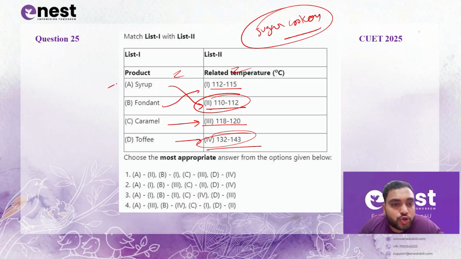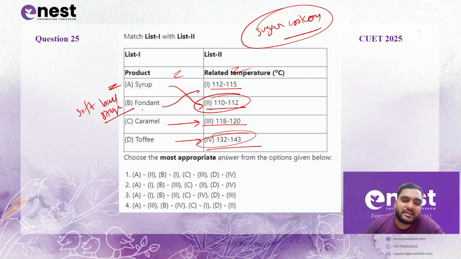Now, syrup is usually used in desserts and sweets like gulab jamun, rasgulla. So we need to make a syrup. Single thread or double thread stage in the sugar is usually there at this temperature. Fondant is made by cooking sugar until it reaches a soft ball stage.